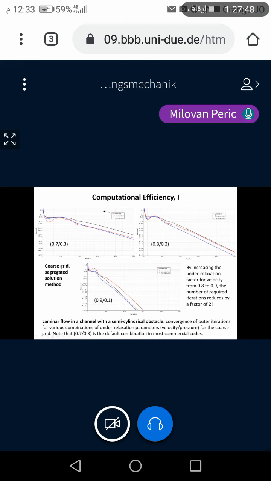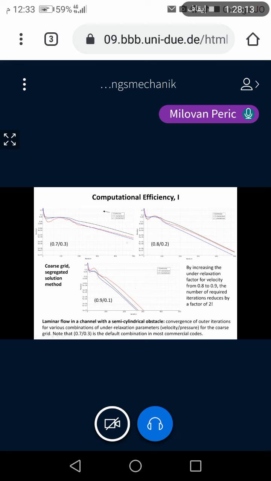by doing the same number of iterations with a different set of under-relaxation factors, 0.8 for velocity, 0.2 for pressure, we will reduce the residuals almost 7 orders of magnitude. And by increasing the under-relaxation to 0.9 for velocities and reducing for pressure to 0.1, we will get 10 to the minus 7 reduction of residuals in 300 iterations.